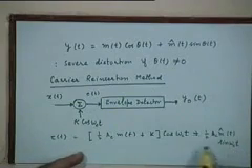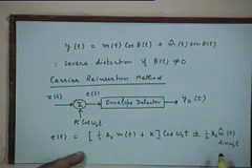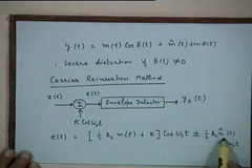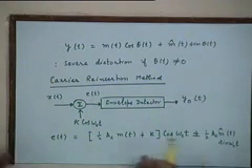For example, the DSB-SC signal has only one part, the in-phase part, half Ac m(t) cosine omega ct, right? Whereas the single sideband signal has both the in-phase part as well as the quadrature phase part, in which the quadrature phase part is the Hilbert transform of m(t), right? So this falls in the general class.